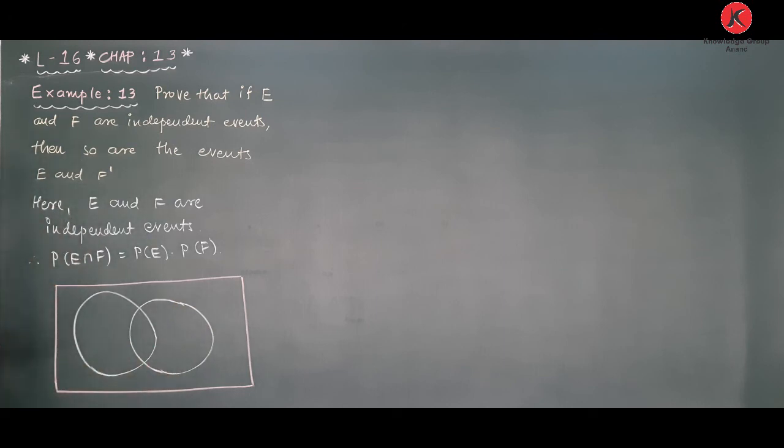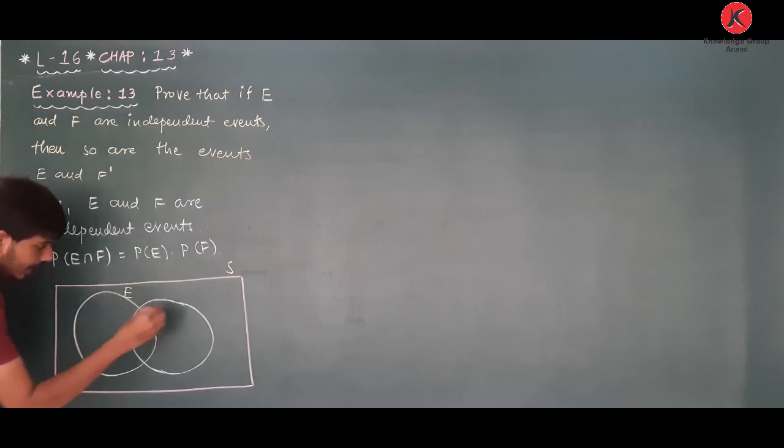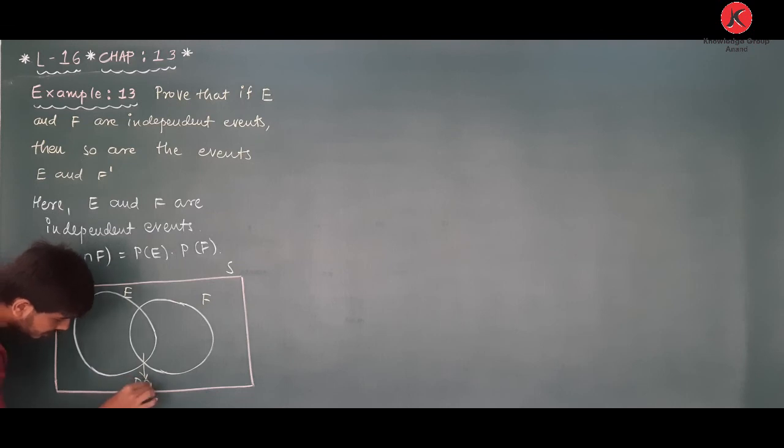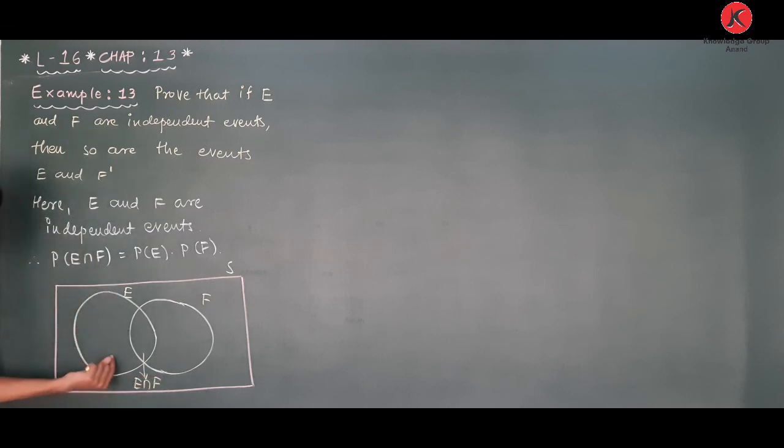See here, this is our sample space S. This is our event E and event F. Now we also know that this intersection portion is known as E intersection F. What name do we give to this portion? This portion you call E minus F. Its other name is that E minus F is also known as E intersection F dash.